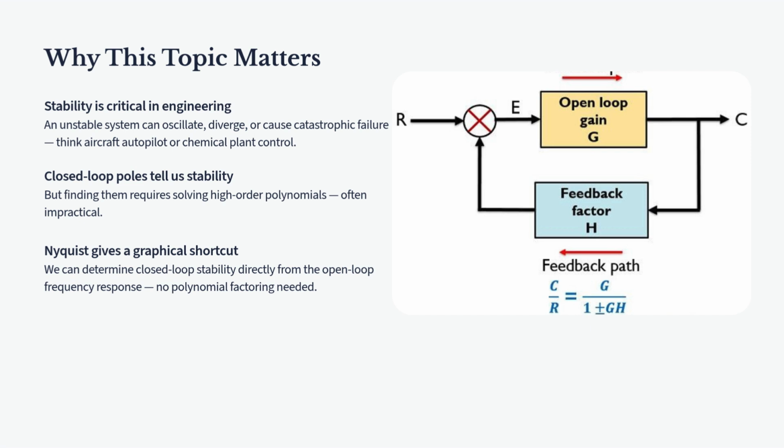If any pole is in the right half plane, the system is unstable. But finding closed loop poles can be difficult, especially when the equation is large. This is why the Nyquist method is useful. It allows us to check stability using the open loop transfer function and a graph.